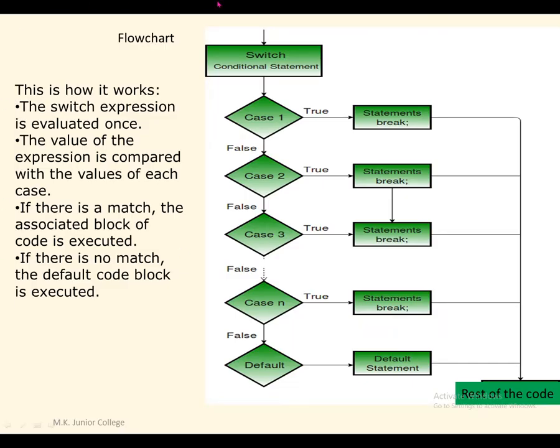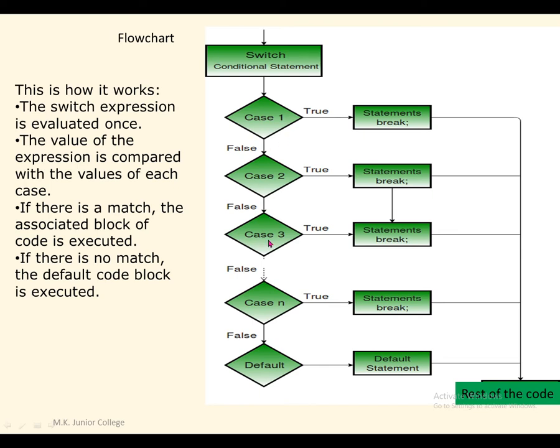Before that, just try to understand the logic of your switch case statement with the help of this flowchart. Okay, so here, as I told you, all the basic tags and all, and then you are starting with the switch command. What are the conditions you are giving here? And then see, as per the logic, there are a number of cases you can add.